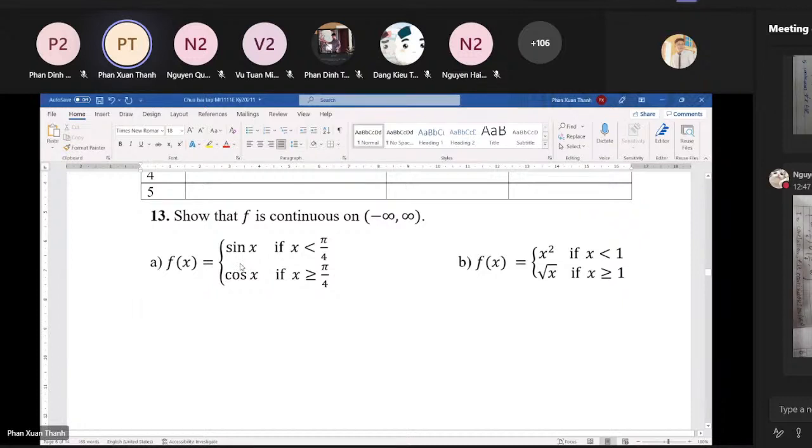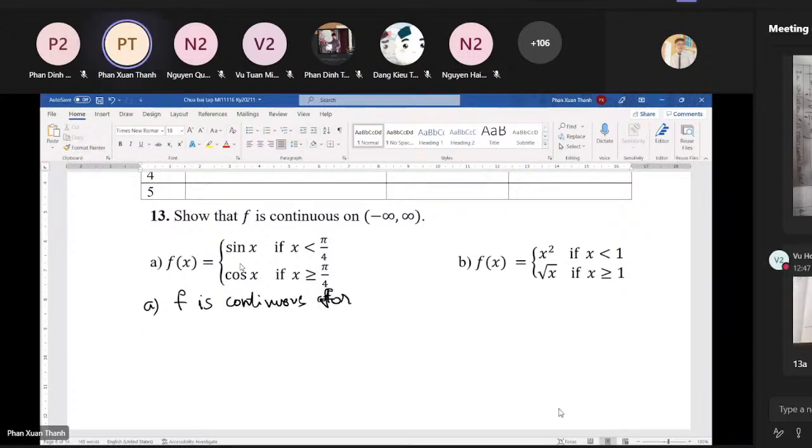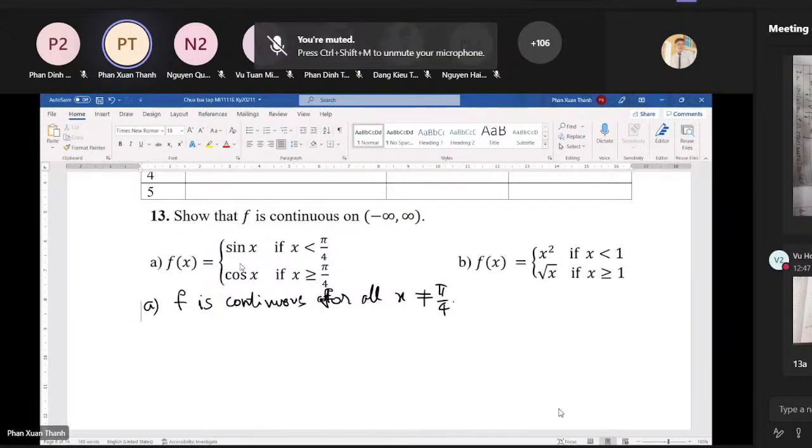So for A, we say that f is continuous for x is not number pi over 4. And now we consider x equal pi divided by 4.